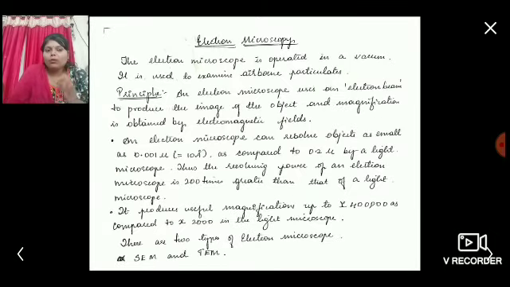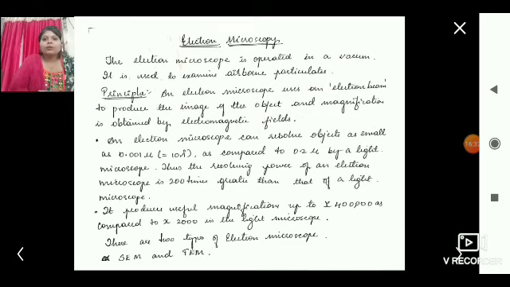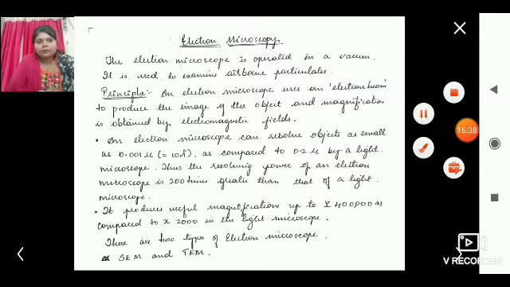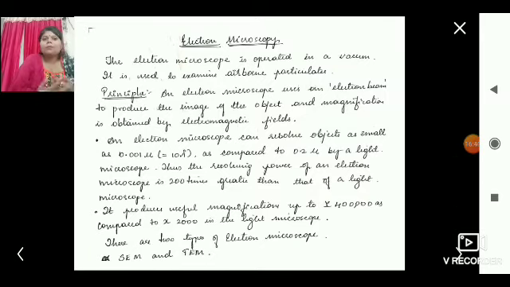Electron microscopy. What do you mean by electron microscope? As you all have heard about it, the principle behind the electron microscope is that an electron microscope uses an electron beam. This is the specialty of the electron microscope, to produce the image of an object, and magnification is obtained by the electromagnetic field.